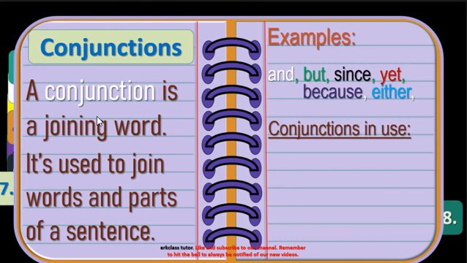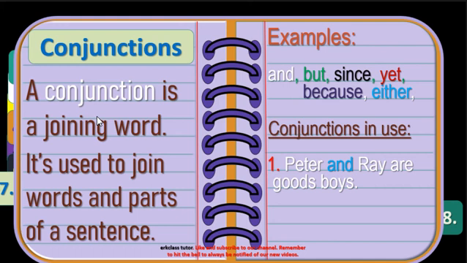Now, conjunctions in a sentence. My sentence number 1. Peter and Ray are good boys. And is the conjunction in this sentence.